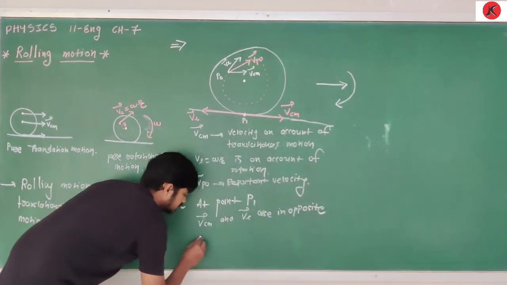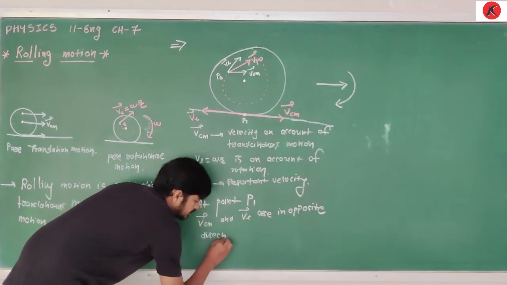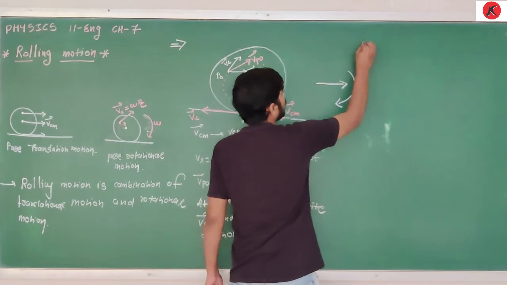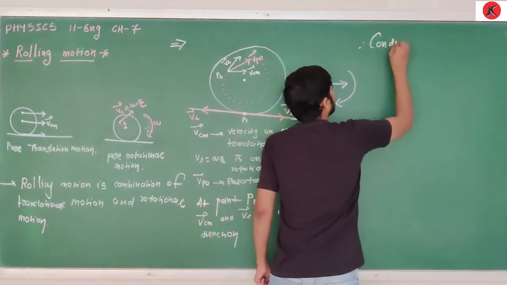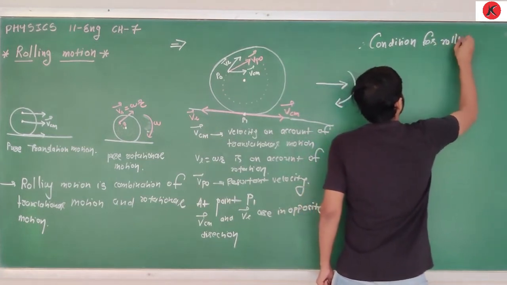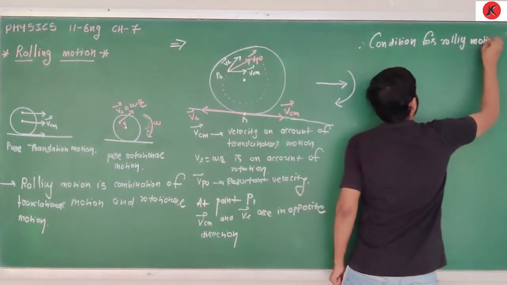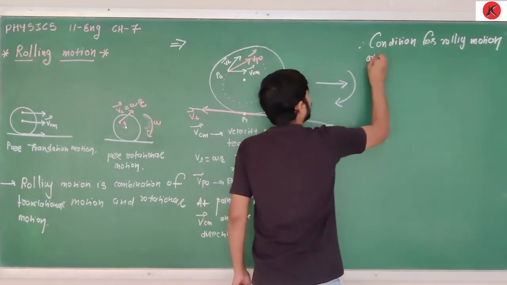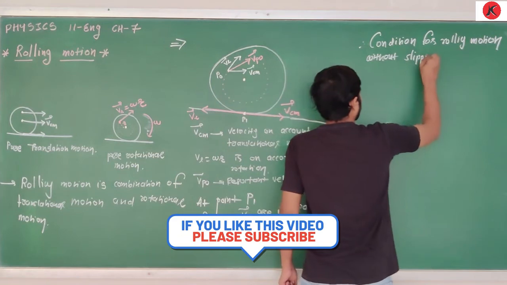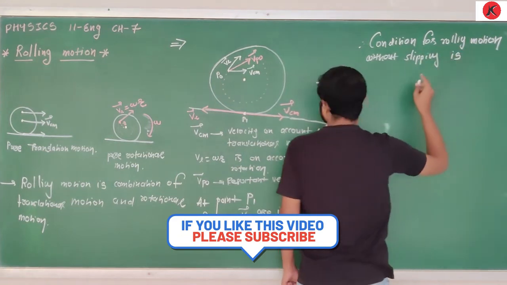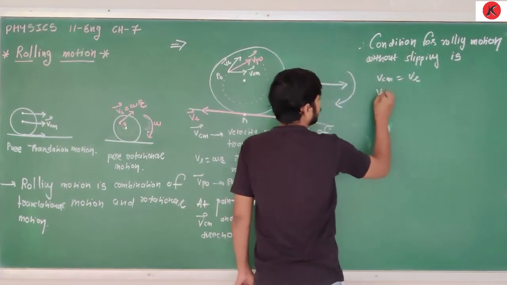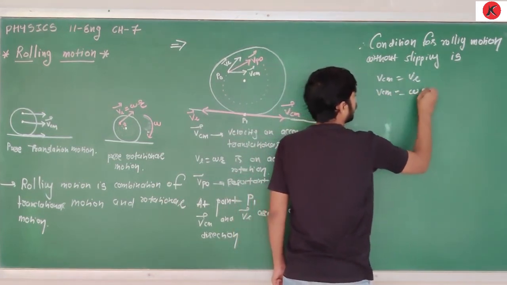Therefore, the condition for rolling motion without slipping is V center of mass is equal to VL, that is, V center of mass is equal to omega r.